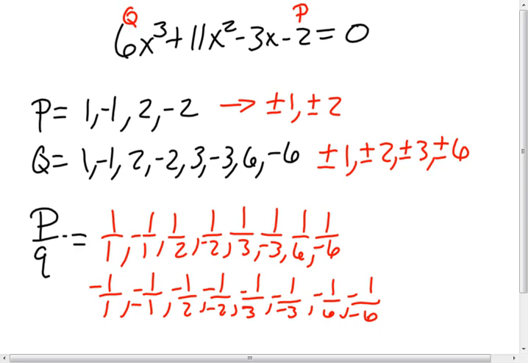Now, if you'll notice, several of these values repeat. 1 over 1 repeats, negative 1 over 1 repeats, 1 over 2 repeats, negative 1 over 2 repeats, 1 over 3 repeats, they all repeat.